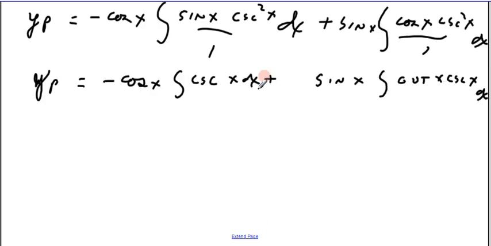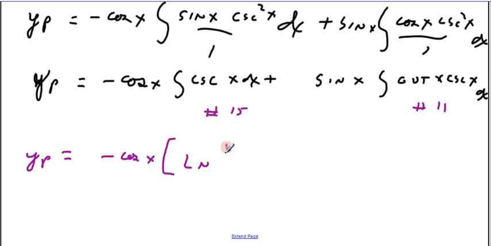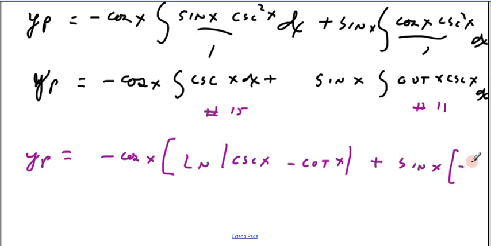Alright, now the front cover of your book has integral tables, and so we're going to use number 15 for him, and we're going to use number 11 for him, and we're going to get y sub p is equal to minus cosine x natural log absolute value cosecant x minus cotangent x minus 1 plus secant x times minus cosecant x.